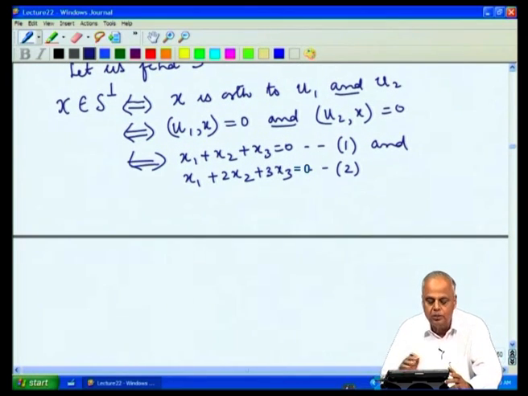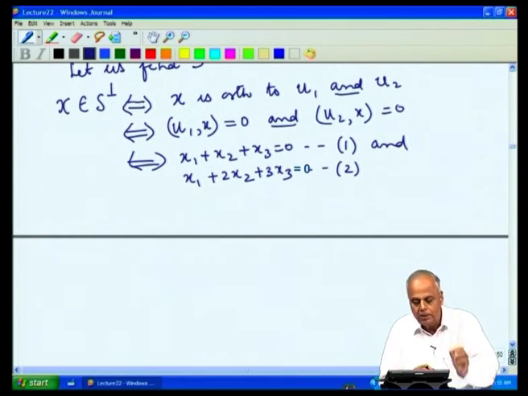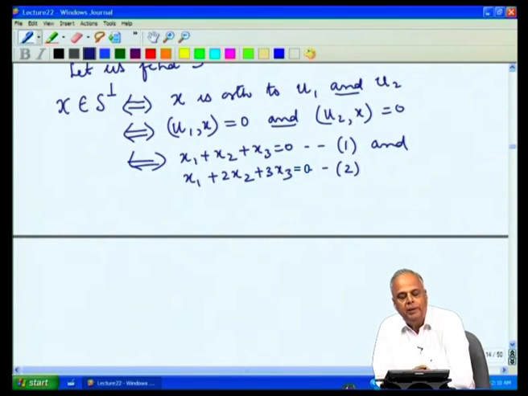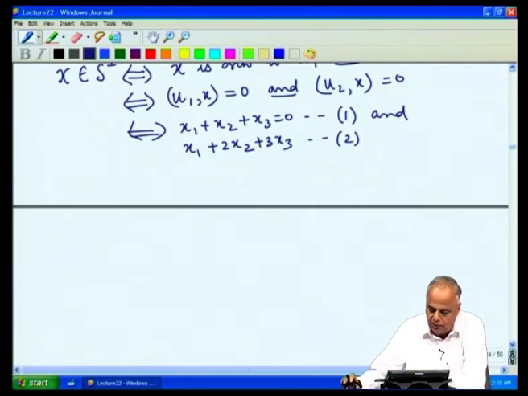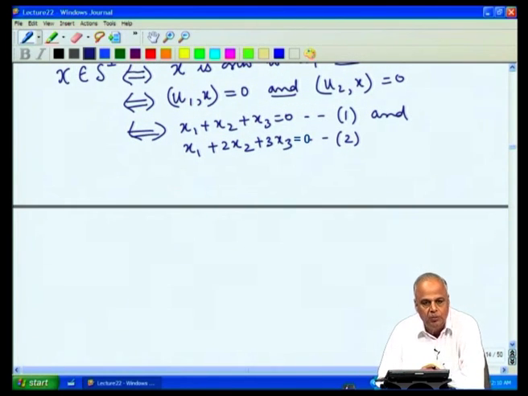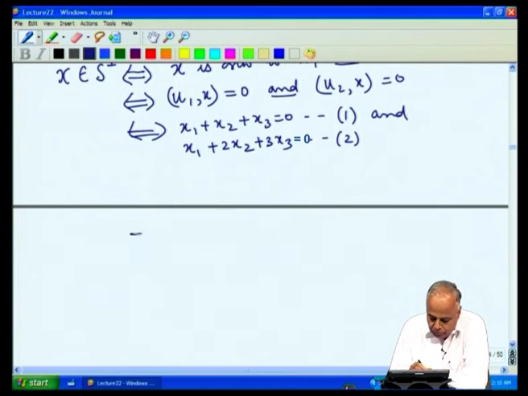So, x 1, x 2, x 3 must be such that both these equations are satisfied. Therefore, a vector x qualifies to be in S perp if and only if its components x 1, x 2, x 3 satisfy these conditions. Now, there are two equations for these three coordinates, and therefore, we can eliminate two of these variables.